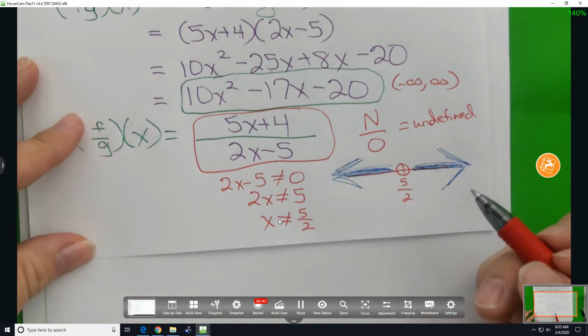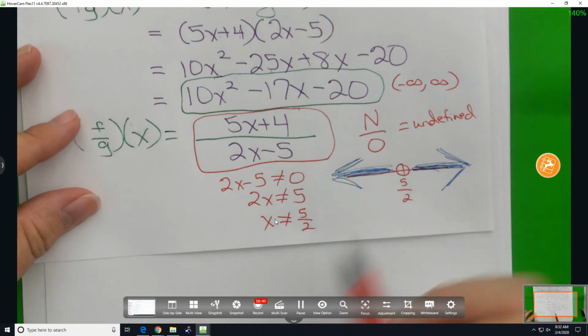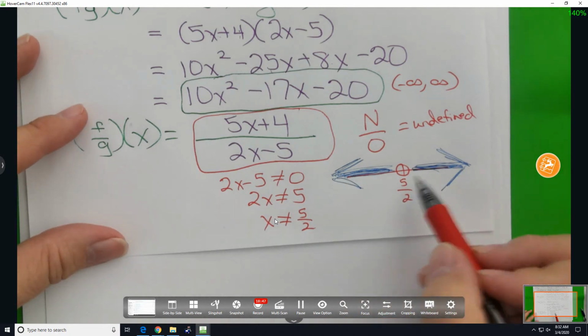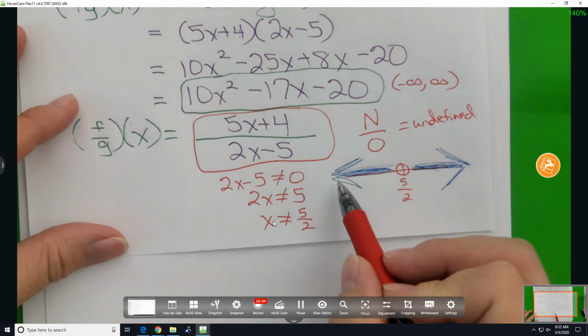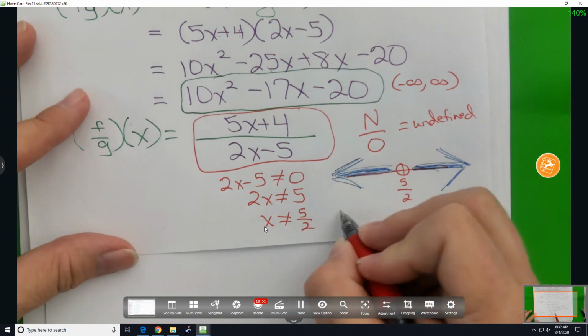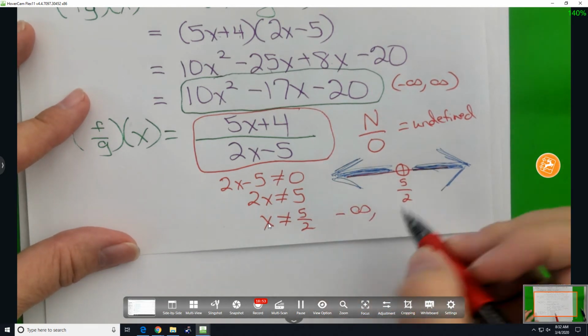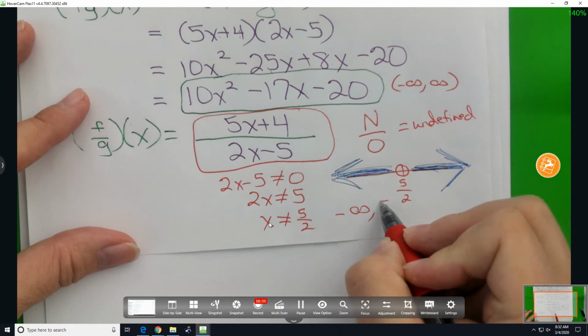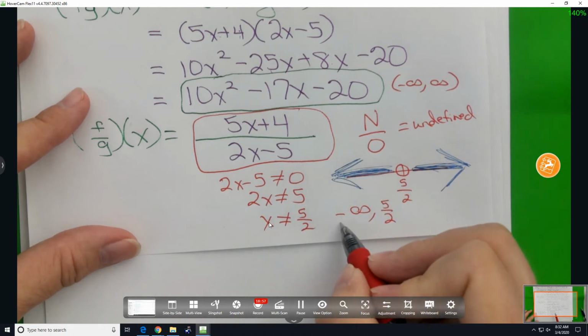I'll write out the interval on the left, and y'all tell me how to write out the interval on the right. Negative infinity to 5 over 2, and what goes in front of a negative infinity?